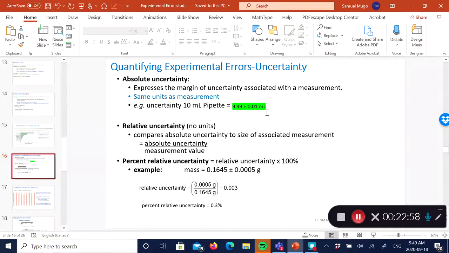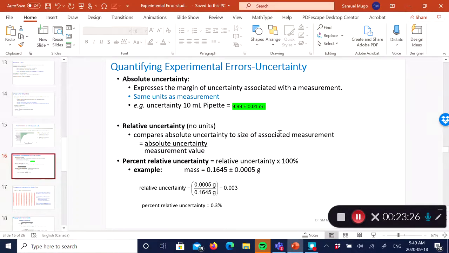It has the same units as my measurement. On the other hand, you've got the relative uncertainty, which is simply taking a ratio of the absolute uncertainty and then dividing it by the mean, by the measured value. So in this case, it would be 0.01 divided by 9.99.